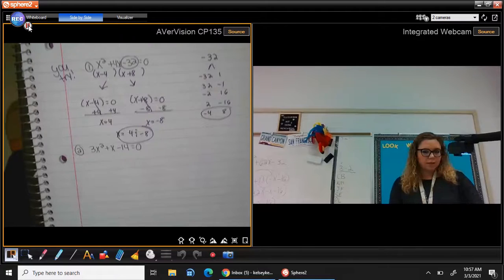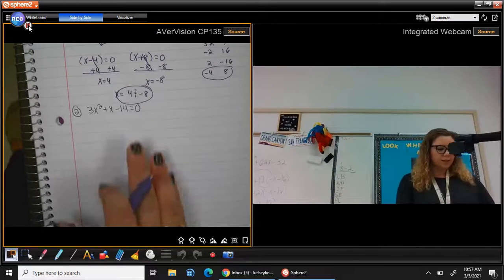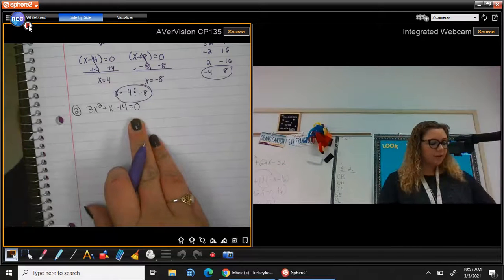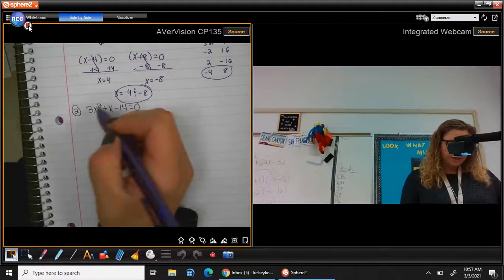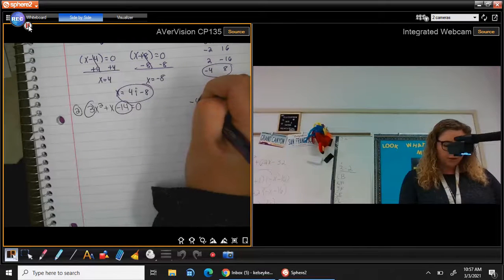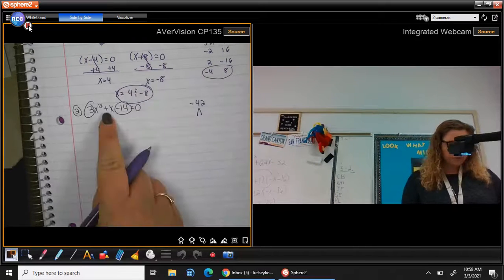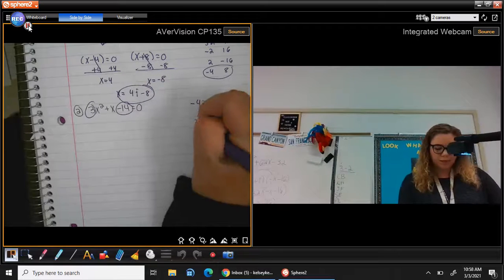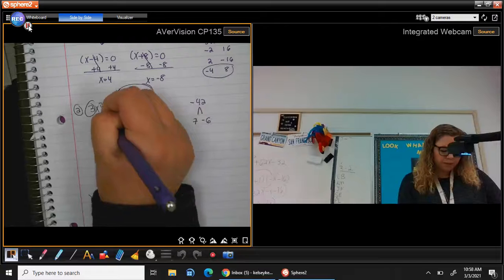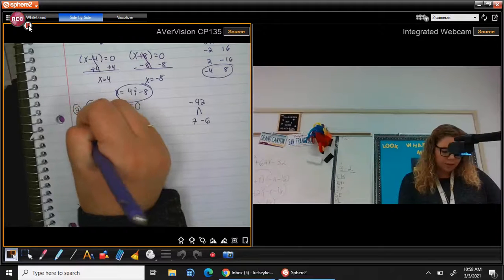This next one, again, is set equal to 0. So we're going to factor this one. 3 times -14 is going to be -42. Find two factors whose sum gives me 1, and that's going to be 7 and -6. So I'm going to split these two up, keep my outsides.